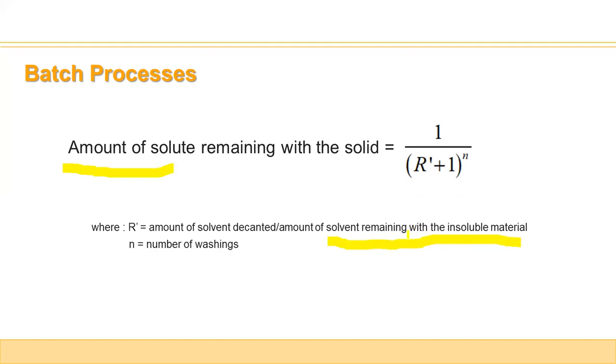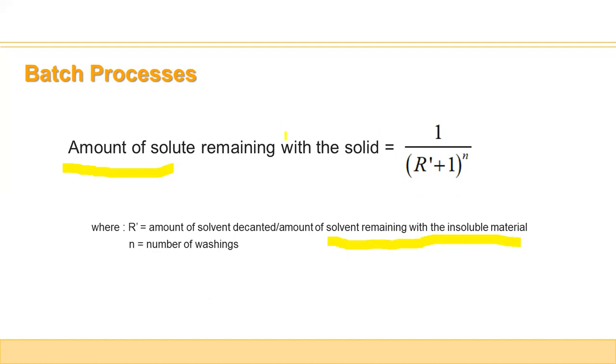Because they refer to the solute and the solvent with the insoluble material. The left side of the equation is the amount of solute with the solid that is leaving your batch process equipment.